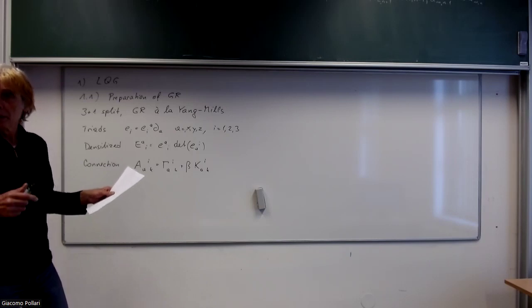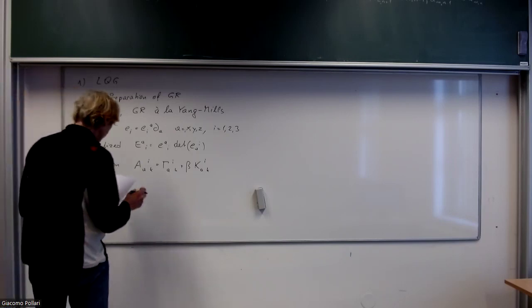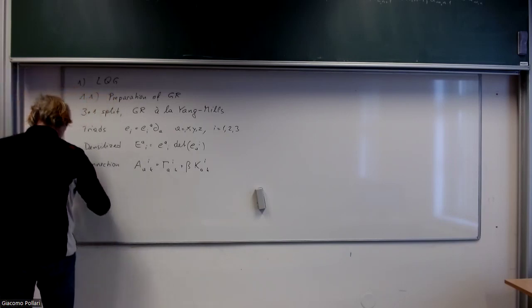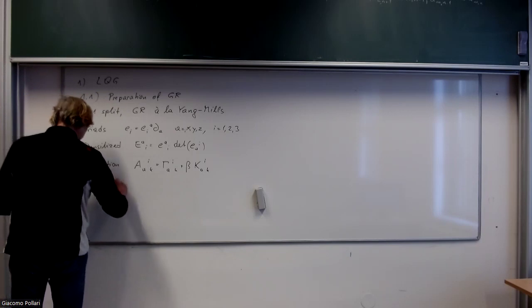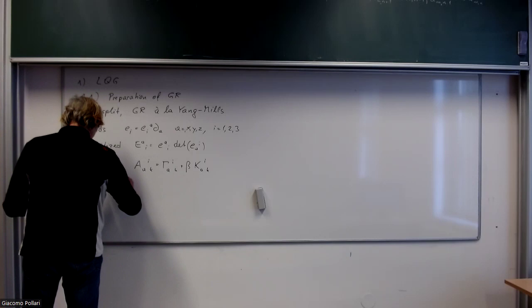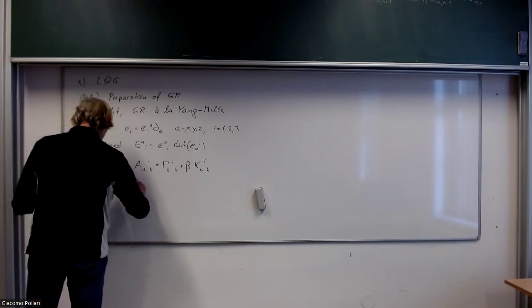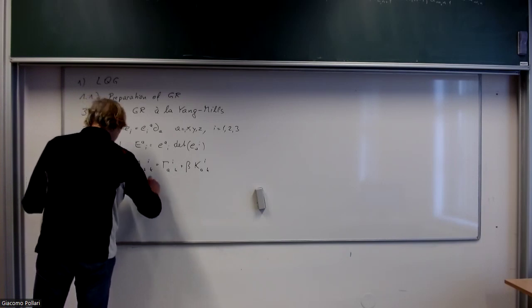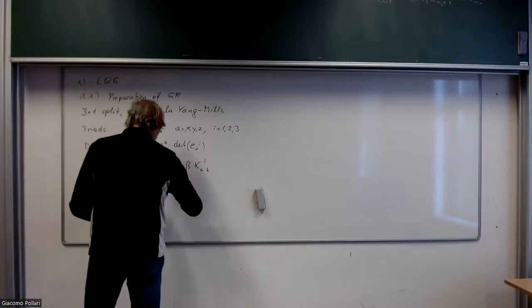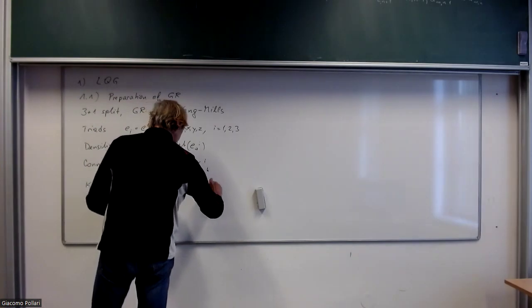But then, how can I define the K? K_a^i is minus epsilon^i_jk E^j_b K_a^b, where K_ab is the extrinsic curvature.